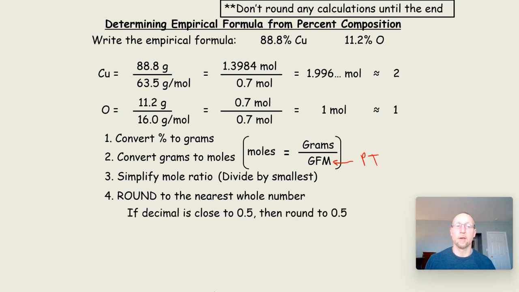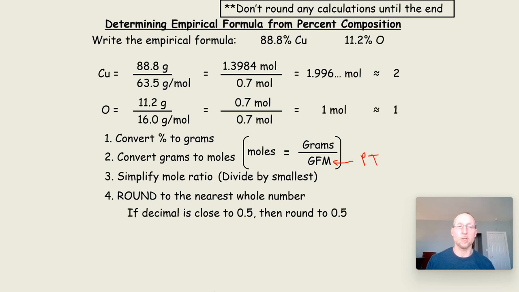Now, if the decimal doesn't round off to a whole number, then it's probably going to be close to 0.5. If the decimal is close to 0.5, then round to 0.5, and I'll show you how to take care of that on the next practice problem. Otherwise, it's going to be close to a whole number. If you get something like 1.27, then you screwed something up. I'm going to make these pretty simple where they're not going to go to any strange value.